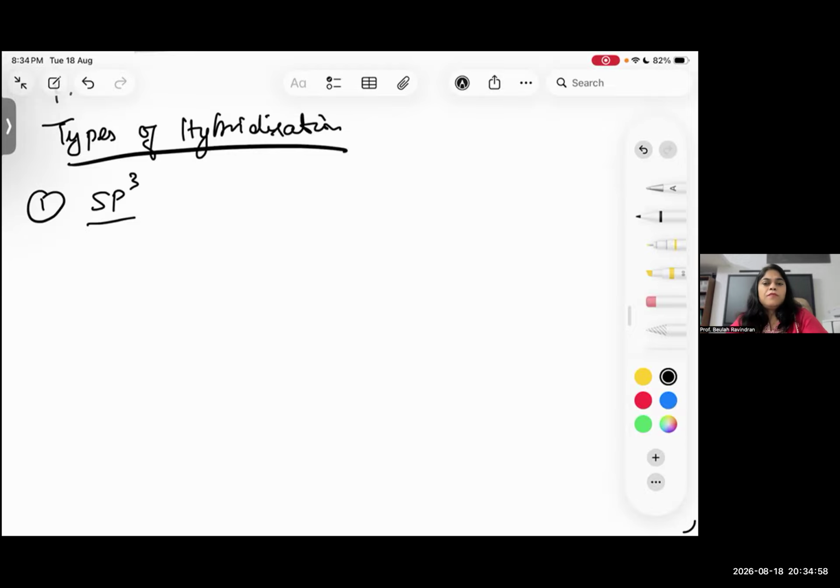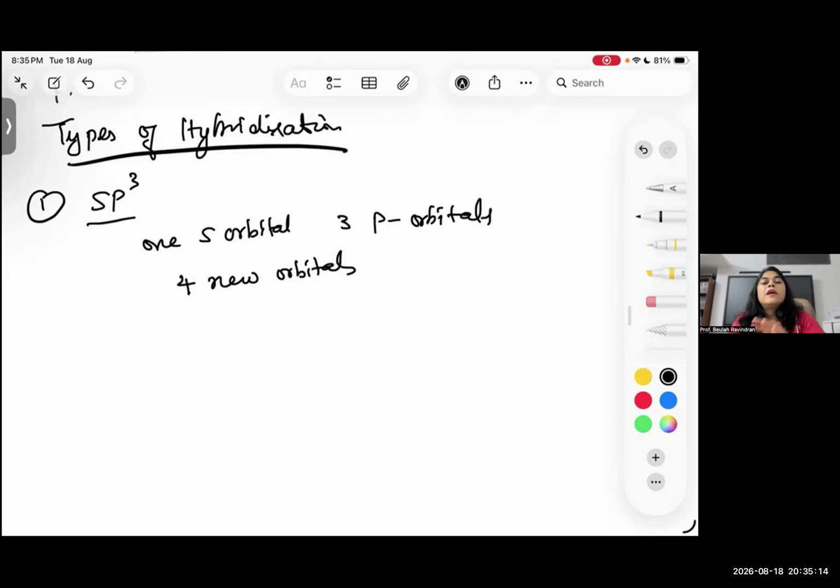It is the process of intermixing of one s orbital and three p orbitals to form four new orbitals having equivalent energy and shape. The four new orbitals formed are called sp3 hybrid orbitals.